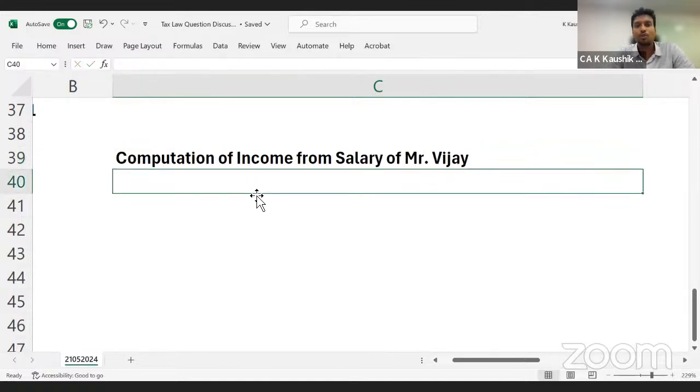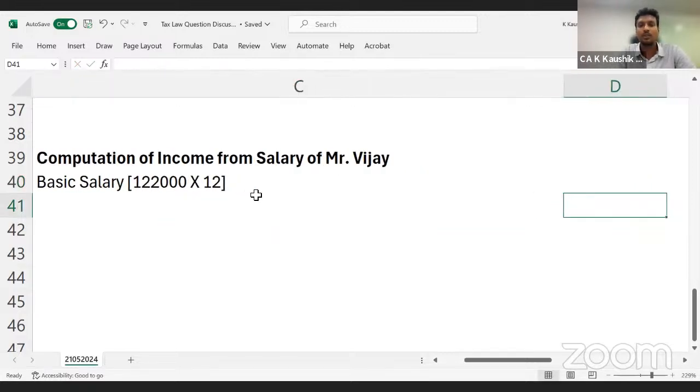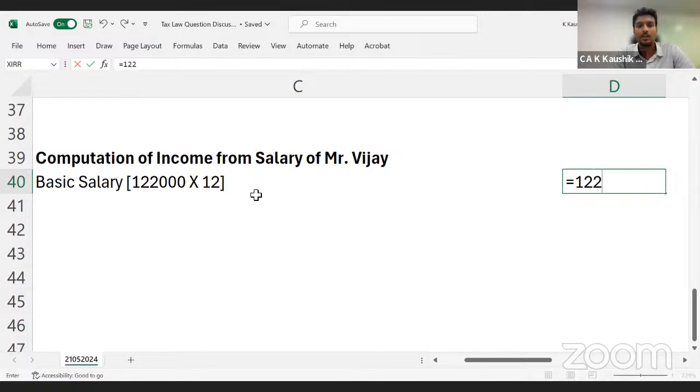The first and foremost thing they have given is basic salary. How much is the basic salary? 1,22,000 per month, correct? 1,22,000 multiplied by 12 months gives 14,64,000.